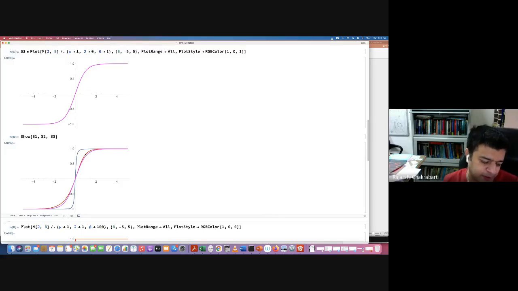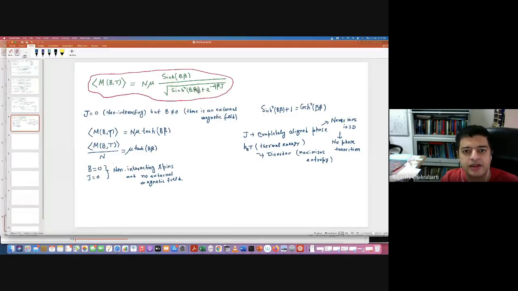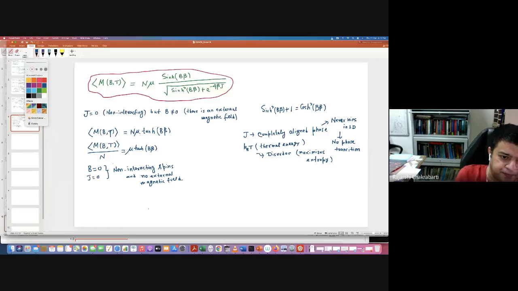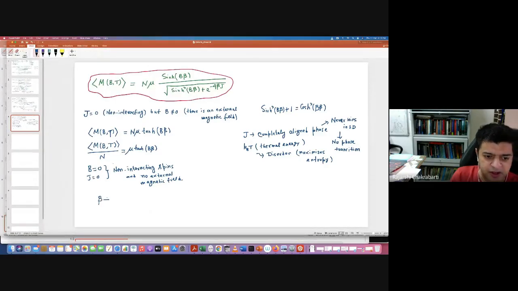So what should I do? By decreasing the temperature, what will be the value of beta? So again, I go back to the expression you see here. Even here, if I take the limit beta goes to infinity, what will happen to the magnetization?